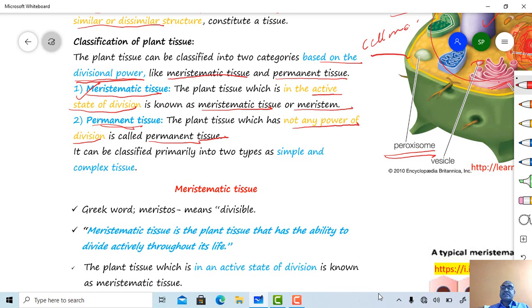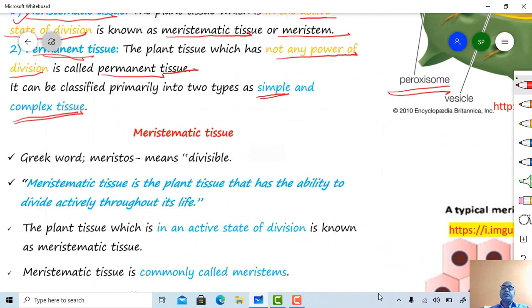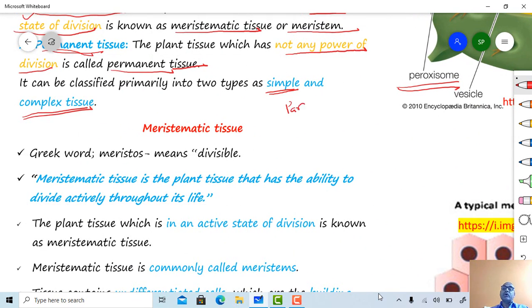Now this permanent tissue is again classified into two types. The first is simple permanent tissue and the other is complex permanent tissue. Which are the simple permanent tissues? These include the tissues of parenchyma, collenchyma, as well as sclerenchyma.